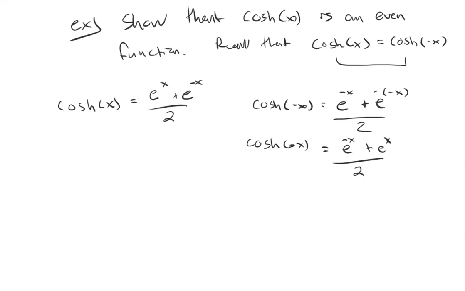Now, we'll recall that the real numbers are commutative under addition, which means that we can exchange these two. So we have that cosh of minus x is e to the x plus e to the minus x over 2.